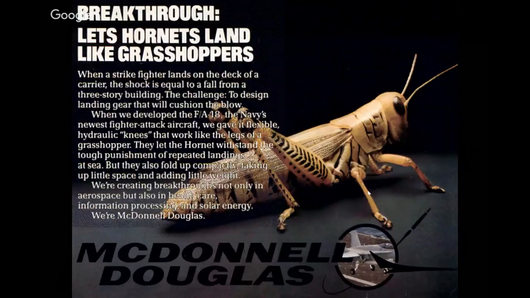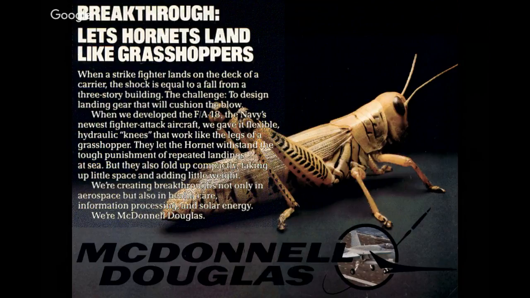Now, look at this. McDonnell Douglas, a United States company that produces many aviation designs. I don't expect you to read it all, but the whole idea is those Hornets, the Hornet is the name of that plane that lands on aircraft carriers. And notice the title, Breakthrough Lets Hornets Land Like Grasshoppers. The grasshopper has this incredible spring tension in its legs.